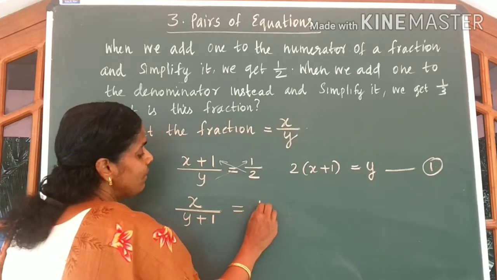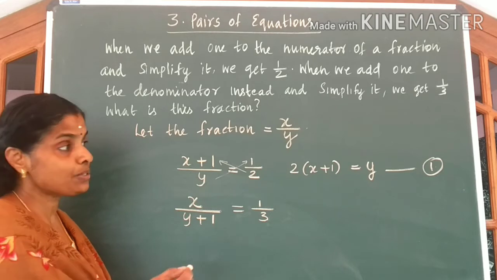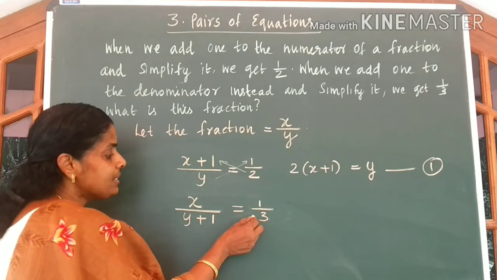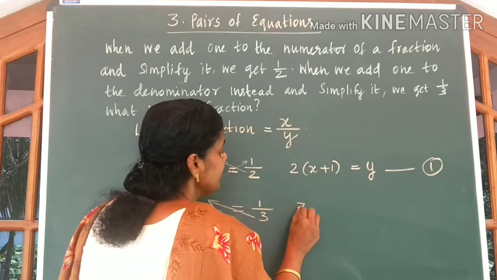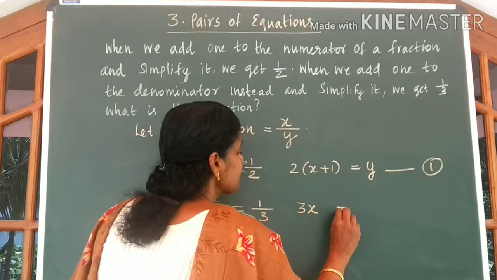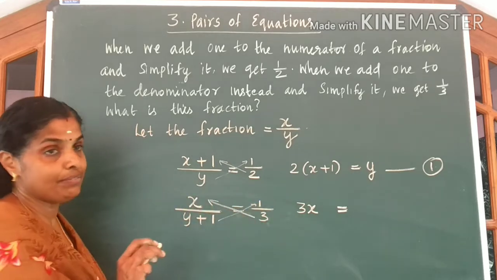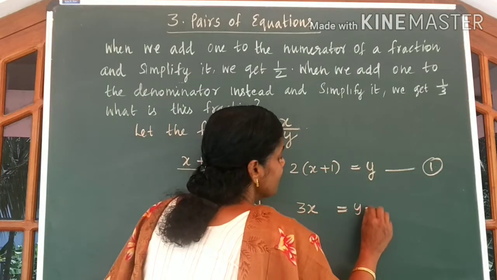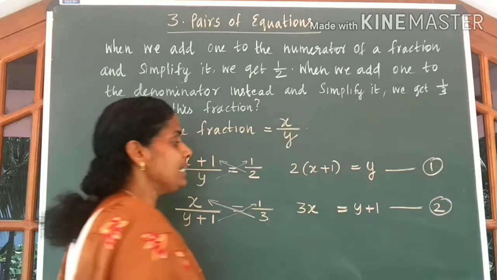Answer is 1 by 3. Here again, let us cross multiply, so that you will get 3 into x is equal to y plus 1 multiplied with 1. So you get y plus 1. Let us name this the second equation.